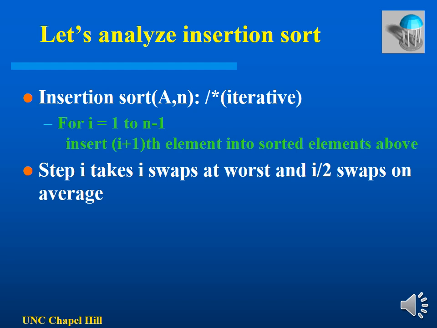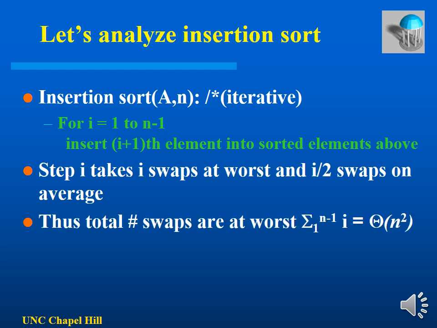The result is that the total number of swap compare steps at worst is the sum over the loop index, 1 to n minus 1, of i, the number of swaps and compares at worst. Well, we have a formula for that summation. It says that that sum is n minus 1 times n over 2. And that's a constant times n squared plus order n. That is to say, it's theta of n squared.